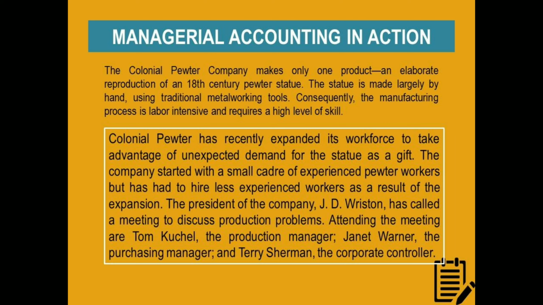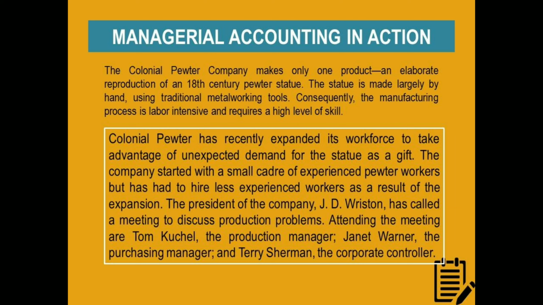Colonial Pewter has recently expanded its workforce to take advantage of the unexpected demand for the statue as a gift. The company started with a small cadre of experienced pewter workers, but has had to hire less experienced workers as a result of the expansion.